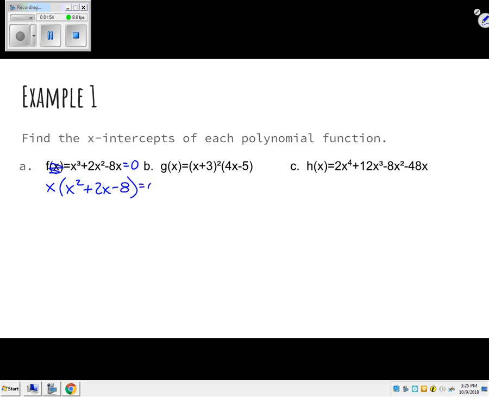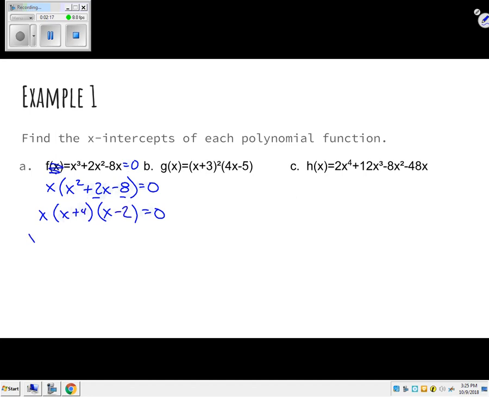Okay, once I set that equal to 0 still. So I pulled out the greatest common factor. Now I'm looking at that trinomial. I see it will factor down into two binomials. So I split apart my x squared, x and x, and then two factors of -8 that add up to give me positive 2 are positive 4 and negative 2.